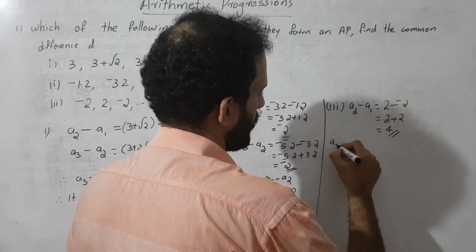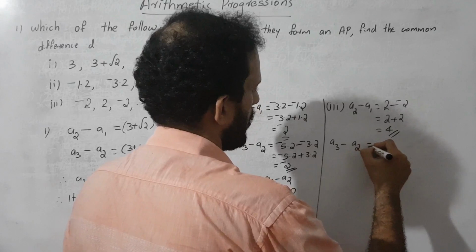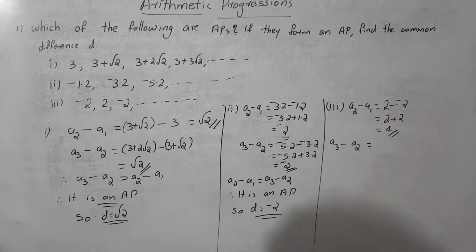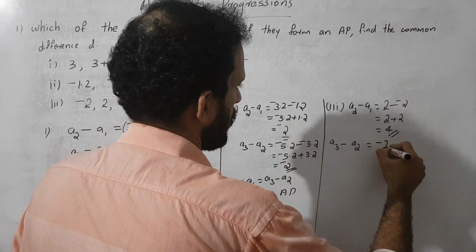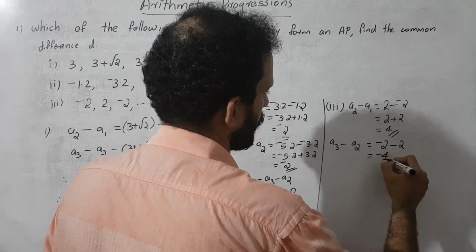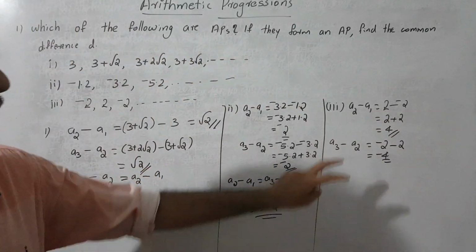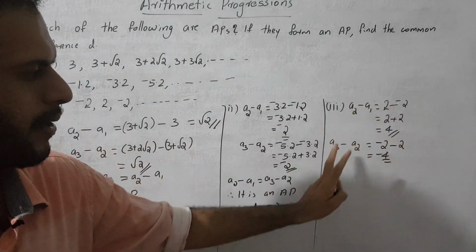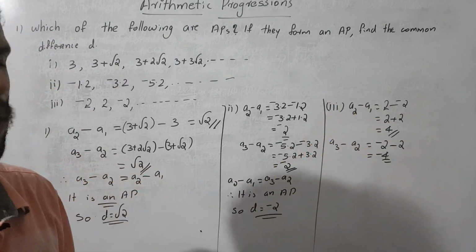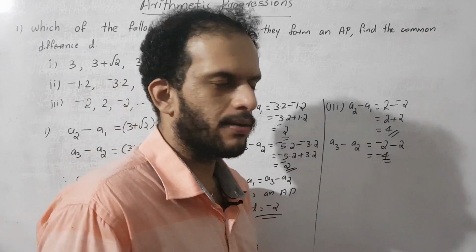Then next we take A3 minus A2: minus 2 minus 2. What is minus 2 minus 2? The answer is minus 4. Now it is very clear. A2 minus A1 is 4, A3 minus A2 is minus 4, which means these two are not equal. Here we do not get any common difference. Correct.